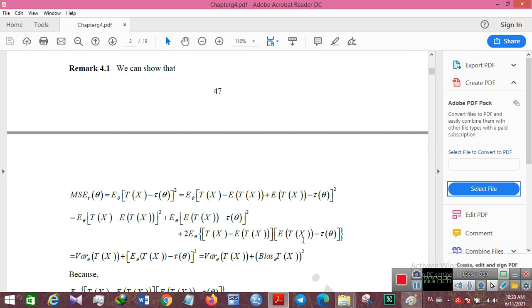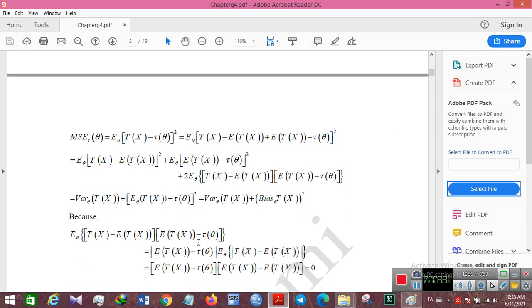Because the expectation of T(X) minus theta does not depend on X, we have this form, and the expectation of T(X) minus the expectation of T(X) is equal to 0, so the product is equal to 0.